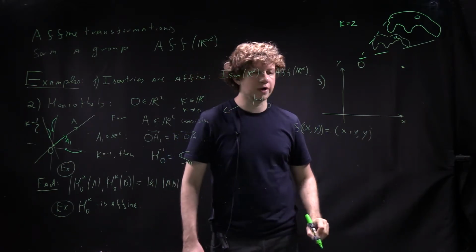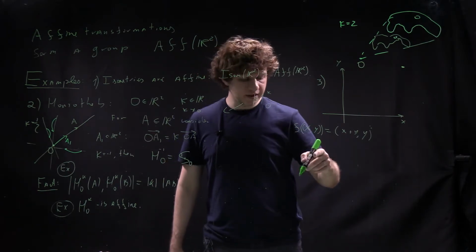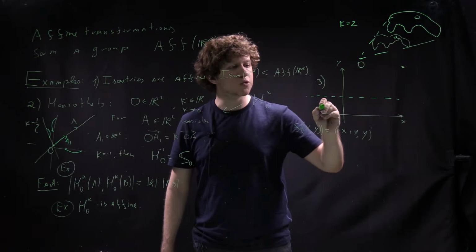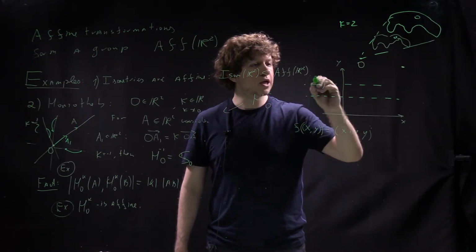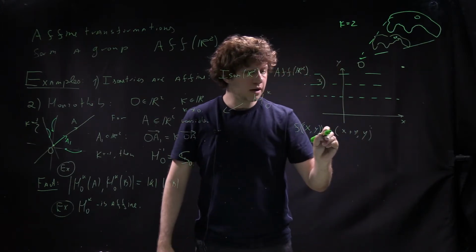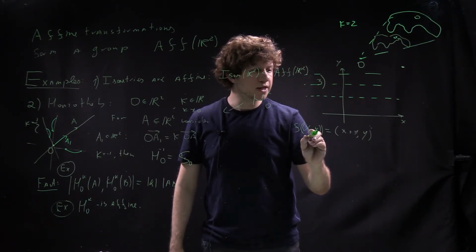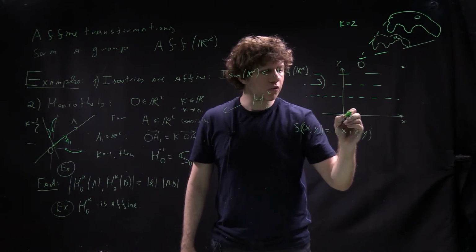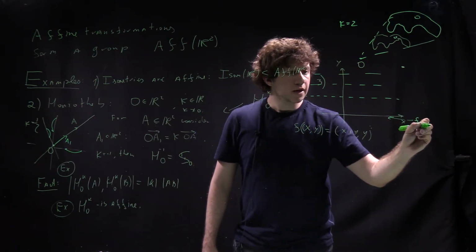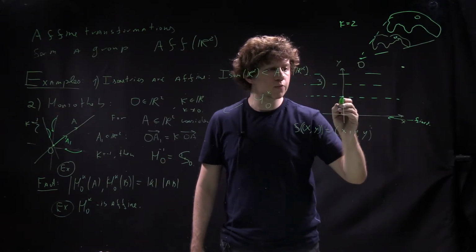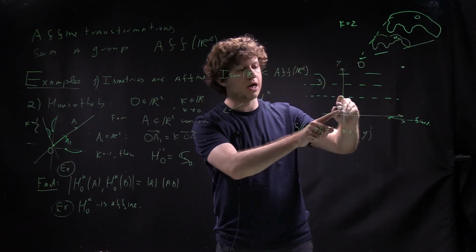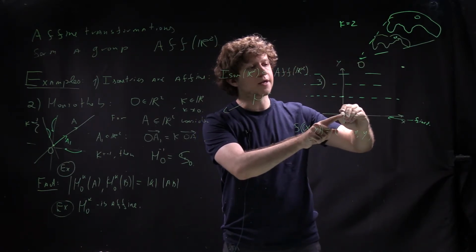So let's try to draw it. If you look at every line parallel to the x line, this is a line with fixed y, so every such line will be fixed. So this line slides along itself. If you take a point with y equal to 0, all points are fixed. If you take a line with a certain higher y, then it will shift.